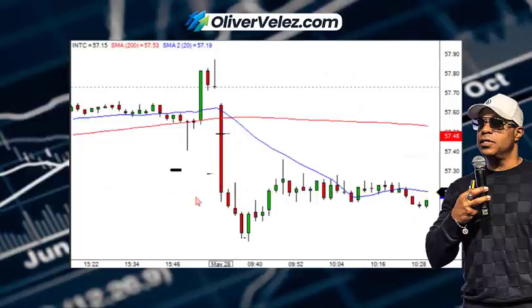And a lot of traders say, Oliver, why not wait for the bounce? And Intel is the perfect example of why I don't wait. Because 50% bounce and 50% don't bounce. And I used to wait.